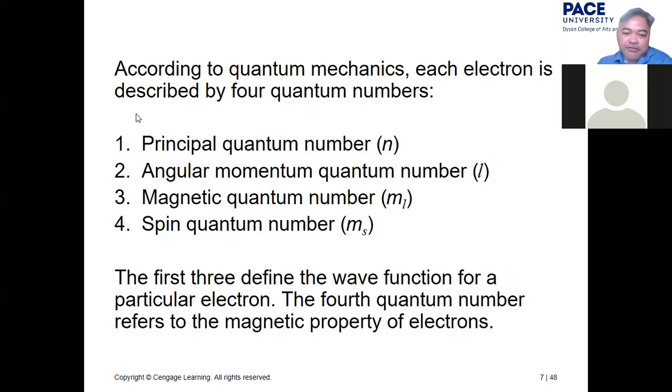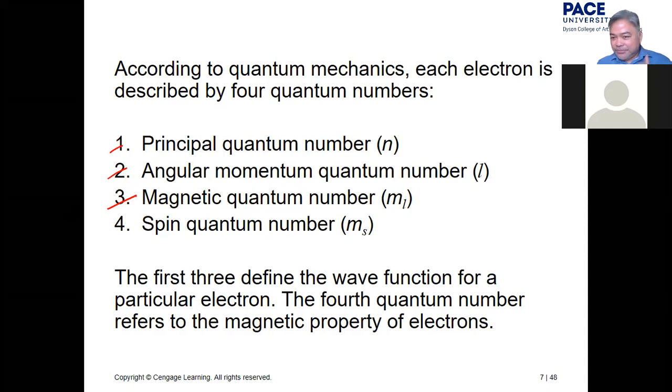We're going to look at the four quantum numbers: the principal quantum number, the azimuthal or angular momentum quantum number, the magnetic quantum number, and the spin quantum number. As I told you, the first three define the wave function for a particular electron.